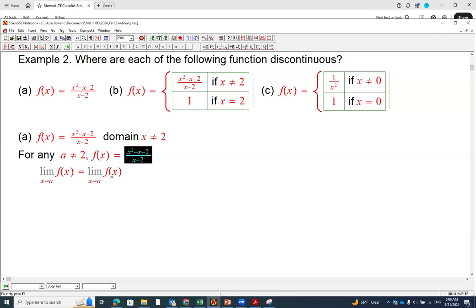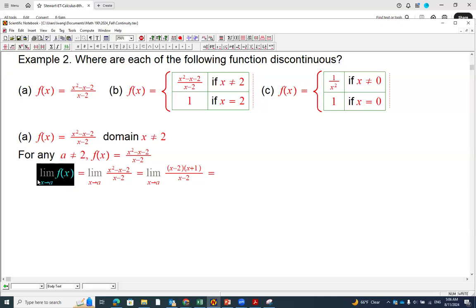We're going to factor the top into x minus 2 times x plus 1. Since a is not 2, we're observing the limit of the function at every point in the domain.